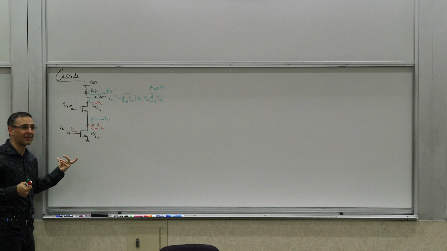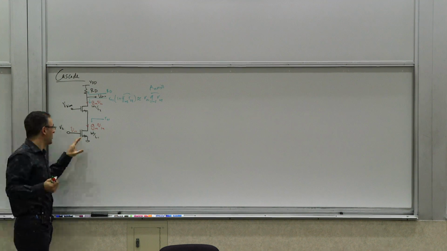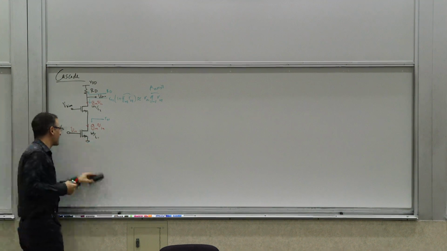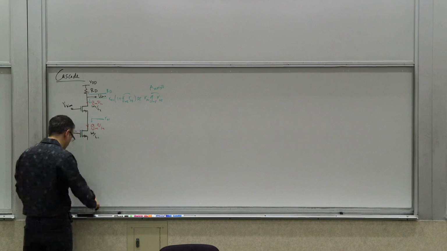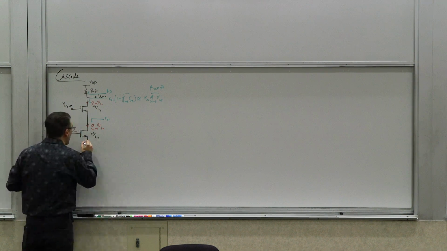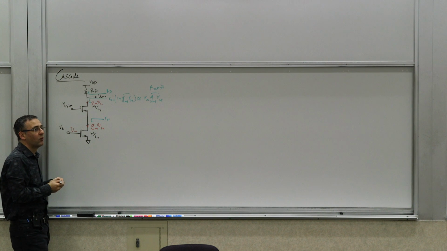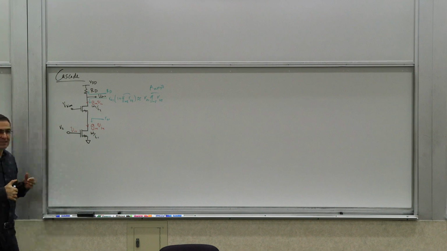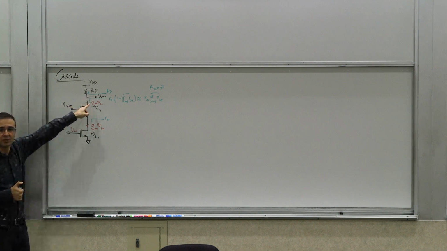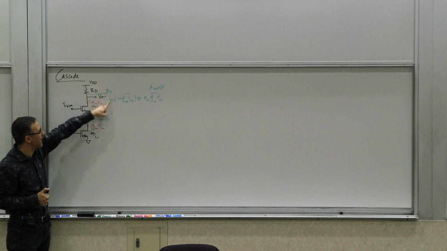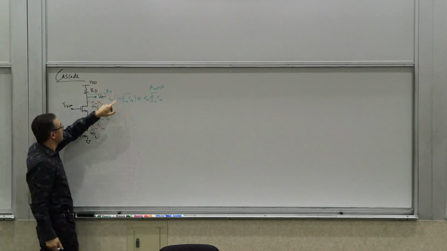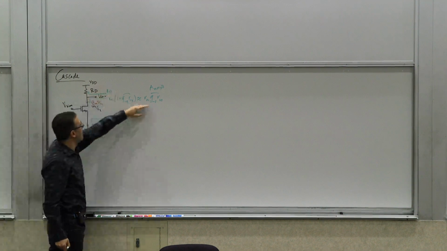We said if you needed higher gain, the only way, since your drive is fixed... Let's say you have a given drive, which is this GM. For a given amount of drive, you want to maximize the gain. What do you need to do? You need to maximize the total resistance on that node, which is the parallel combination of that and that. If this is small, then this will not matter.